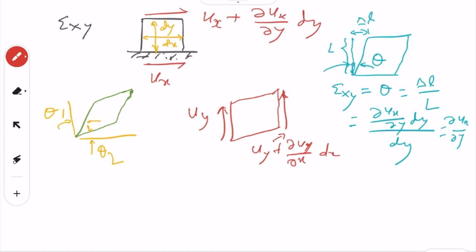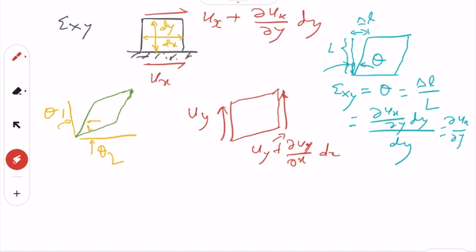Why? Because here you have uy, and from here to here the distance is dx. So uy plus how uy is changing with x multiplied by dx, where dx is this length.